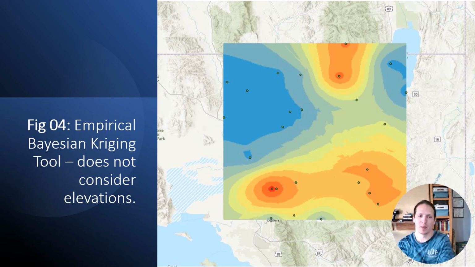This is an empirical Bayesian kriging tool. It's my first time using this. It uses an algorithm, and you pick the column from the attribute table that you want it to interpolate the data in between, and it fills in those spaces. The orange and darker red are areas of high precipitation, where the blue and all that are areas of lower.